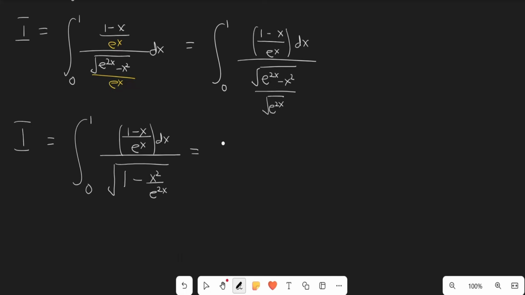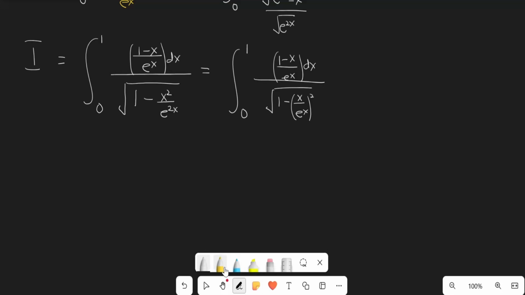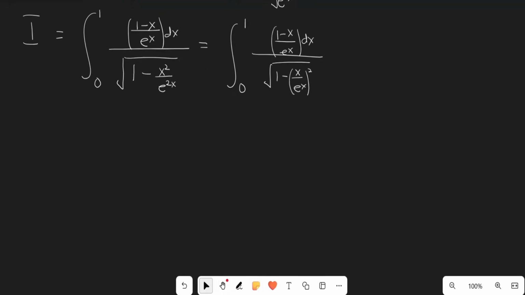So this is the integral from 0 to 1 of 1 minus x all over e to the x, the x on top, and then divided by the square root of 1 minus x squared over e to the 2x, which can be written as x over e to the x, all this squared. Alright, so now let's do a substitution and then we'll see that everything will simplify.